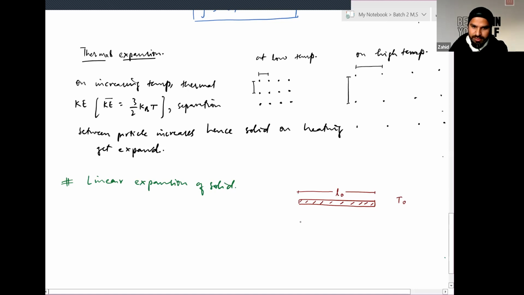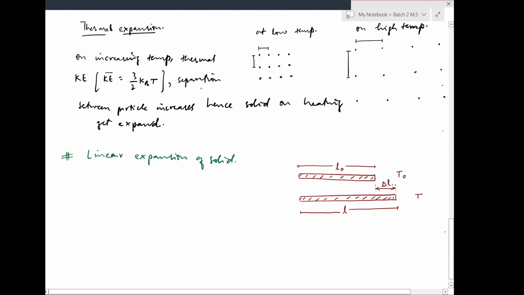On raising the temperature, its length would increase, let's say to this point, at some later temperature T. So the length of this rod is now L. The difference in length between these two shapes, from this point to this point, let's say is delta L. Is it clear to this part?